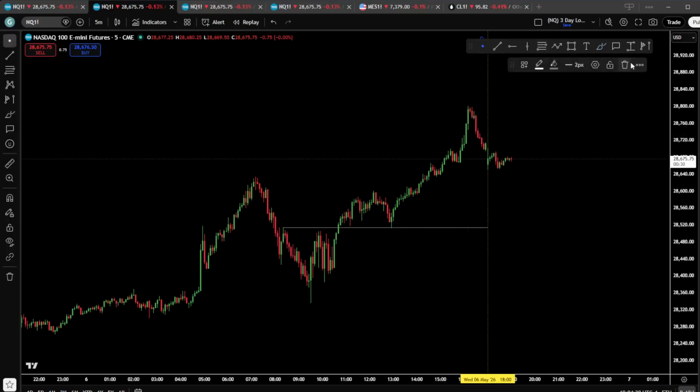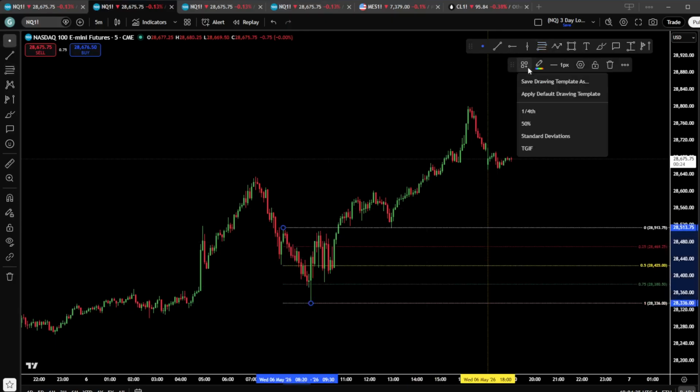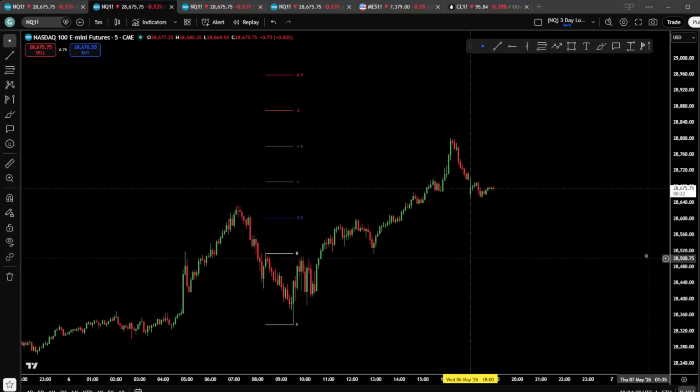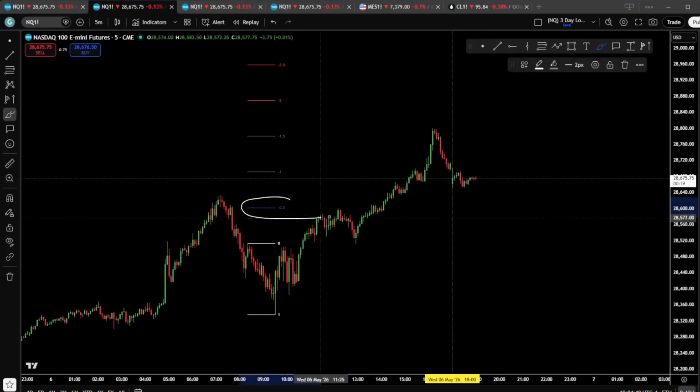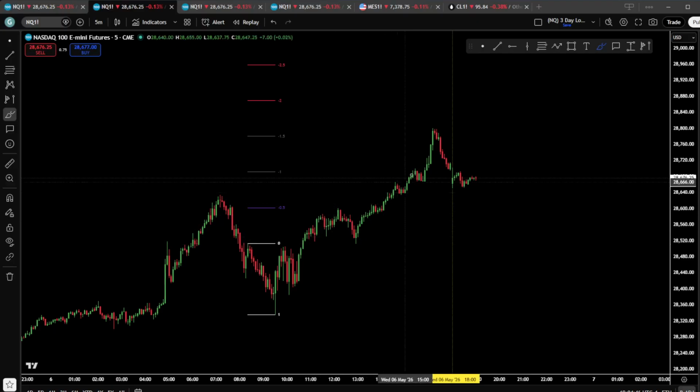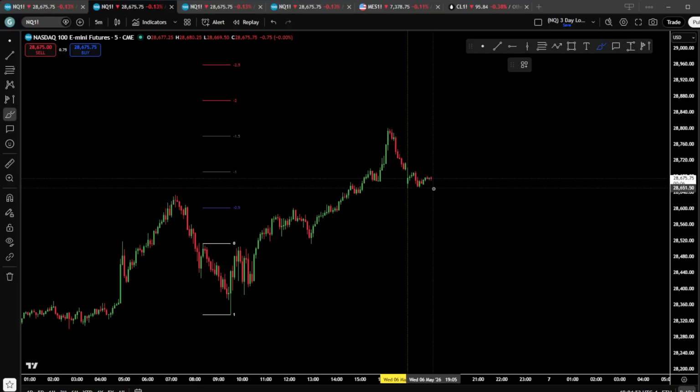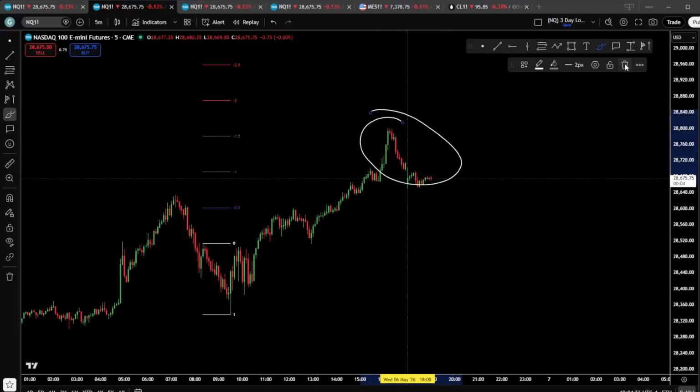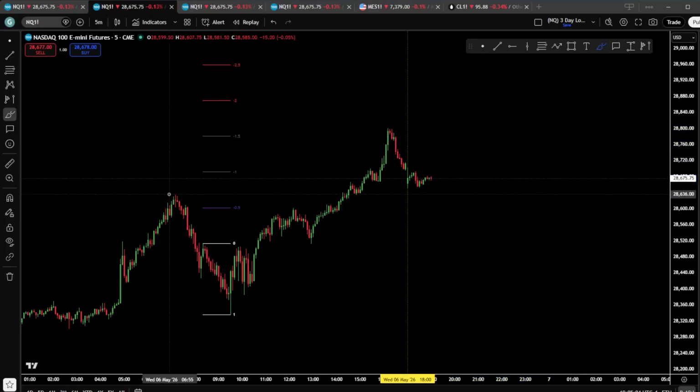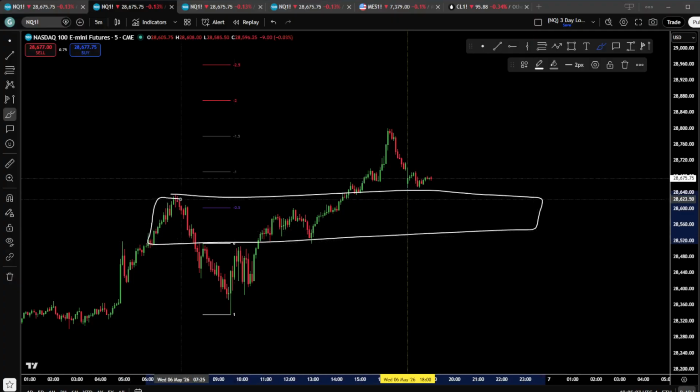So just out of curiosity, we can even look at standard deviations for this range. We can see that the market traded to 0.5, came back inside of the range of the breaker, and from there expanded into 1 to 1.5 standard deviations. And so the argument now is, because the market found a rejection at the previous day's high and has gapped lower, could it do something like this, around the range, somewhere in here we have the mitigation block.